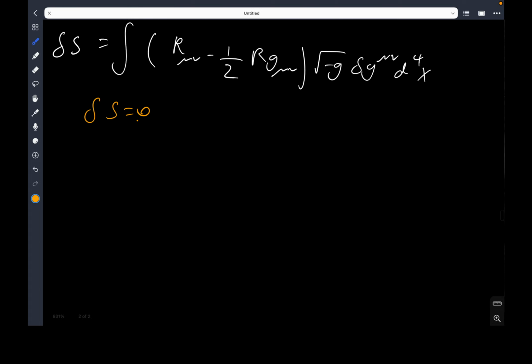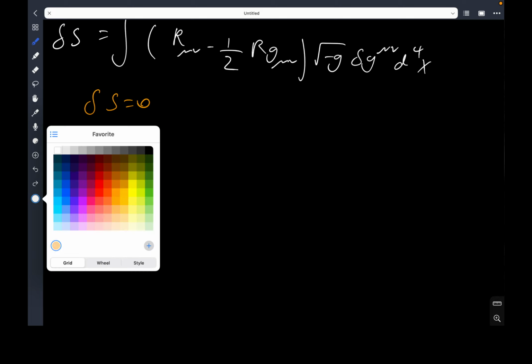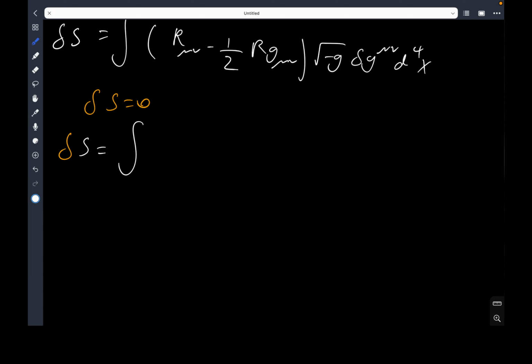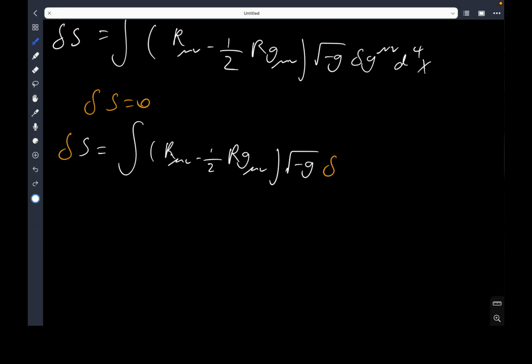So delta of our action here, which is R mu nu minus half R g mu nu, root negative g, delta g mu nu d to the 4x.